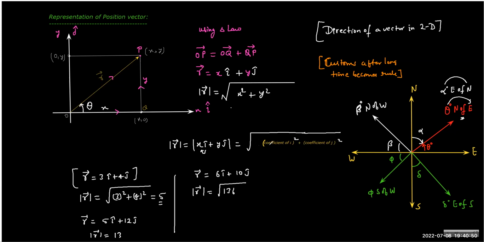So if we have no bias, if we have the equal bisector of the angle, like if I am not biased towards north or east, if I exactly bisect the angle at 45 degrees, then what can we say?